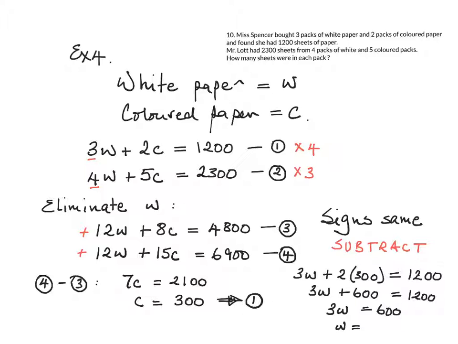I'm just going to have to take a new page for this part of the solution. So W equals 200. 300 sheets of coloured.